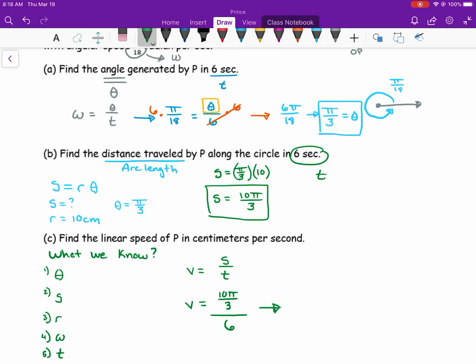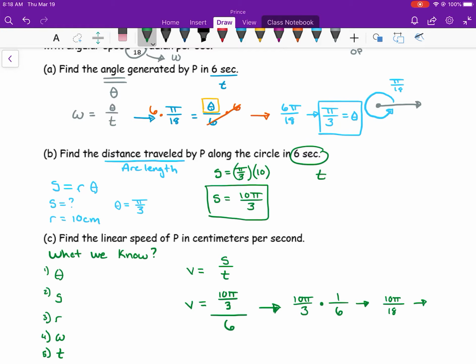To evaluate this, we can't divide by fractions, so we do 10 pi over 3 times the reciprocal of 6, which is 1/6. Simplifying where we can, 10 pi times 1 is 10 pi, divided by 18, since 6 times 3 gives 18.